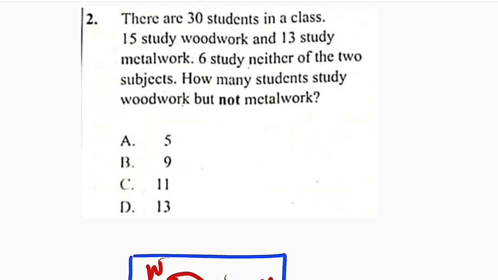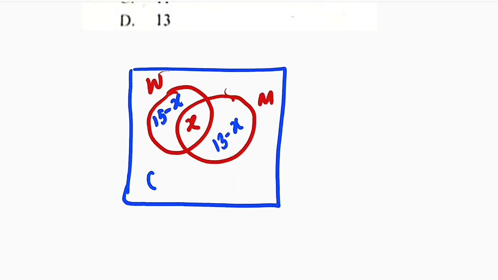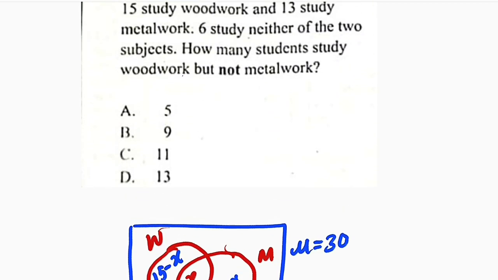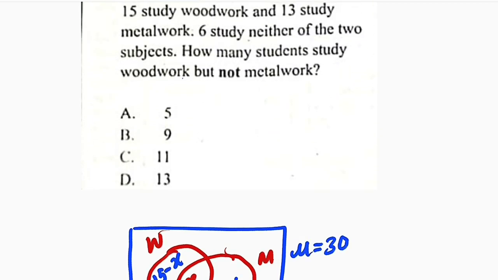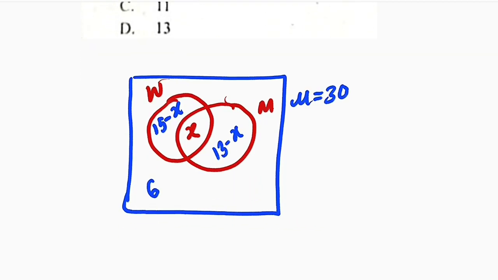Then we have 6 students that studied neither. So you bring them here. They are not part of any of the 2 sets. And the universal set, which is the number of students, is 30, right? So what are we looking for? We are looking for the number of students that studied woodwork but not metalwork. They are exactly here. So we're going to find the value of X, then substitute it here to find woodwork but not metalwork.